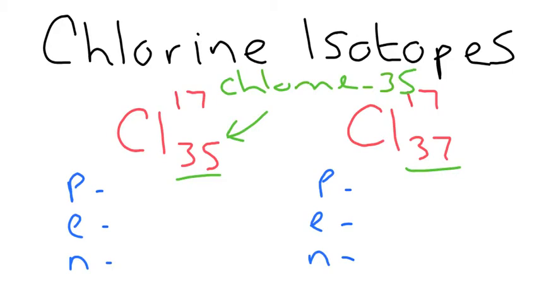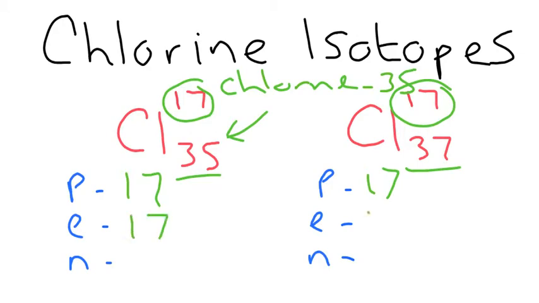You'll notice that the atomic number, as we said in our definition, is exactly the same. This means that in the case of chlorine 35 and chlorine 37, both will have 17 protons. Both exist as neutral atoms, which means if both of them have 17 protons, they are going to be balanced by 17 electrons.